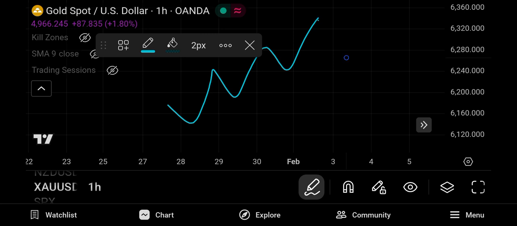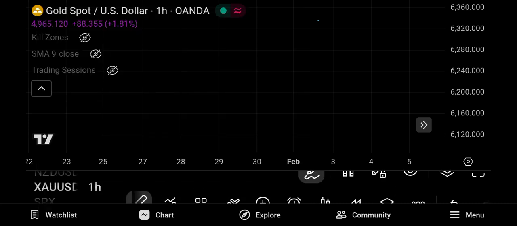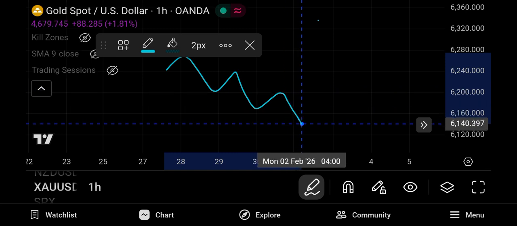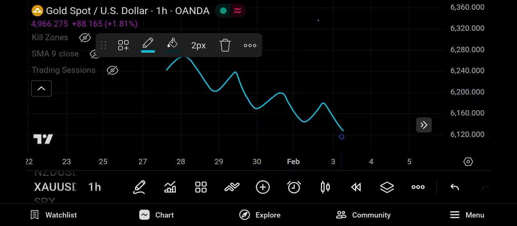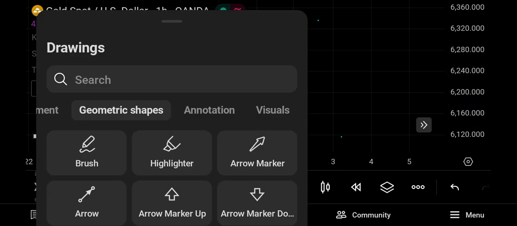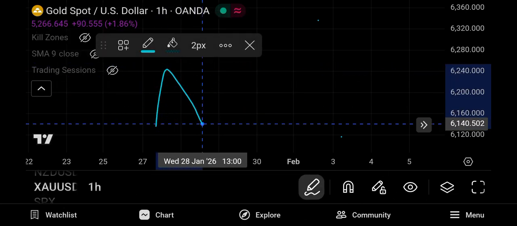Then we also have a downtrend, which is consistent lower highs and lower lows. So we have an uptrend, a downtrend, and the last type of market condition is a ranging market, equal highs and equal lows.